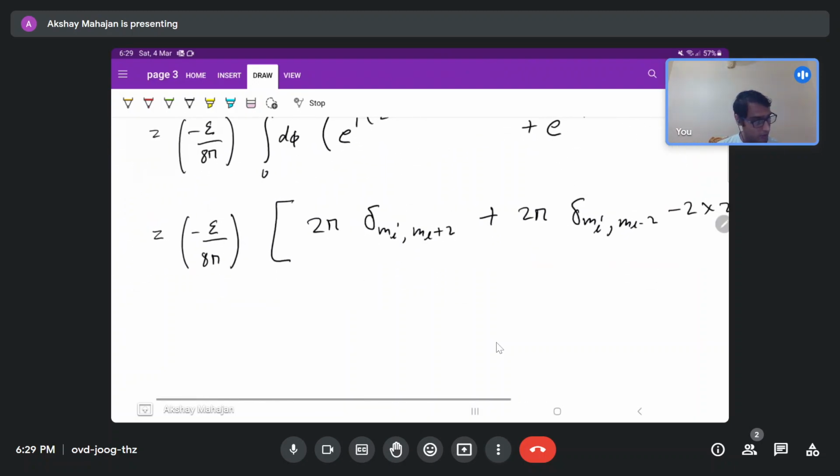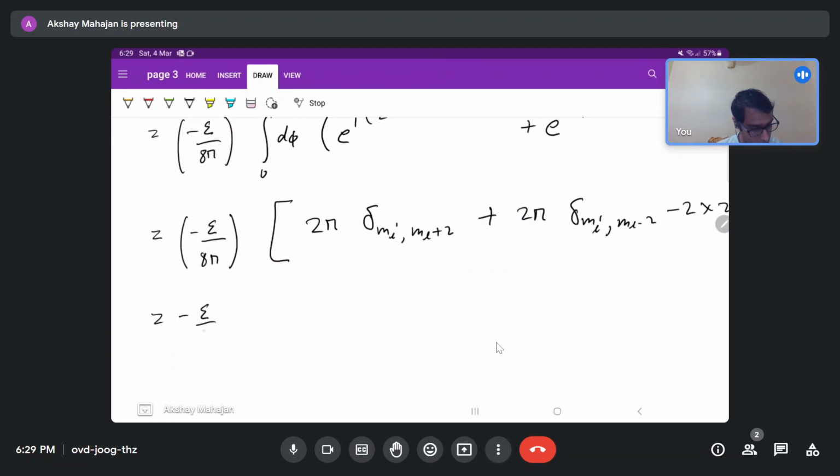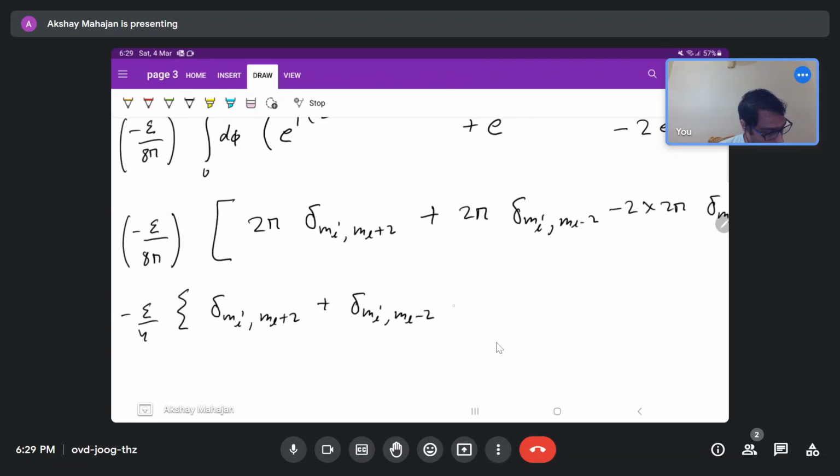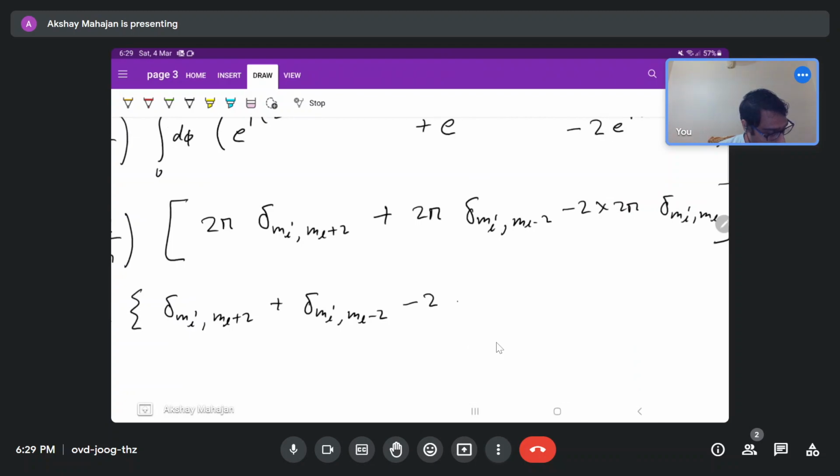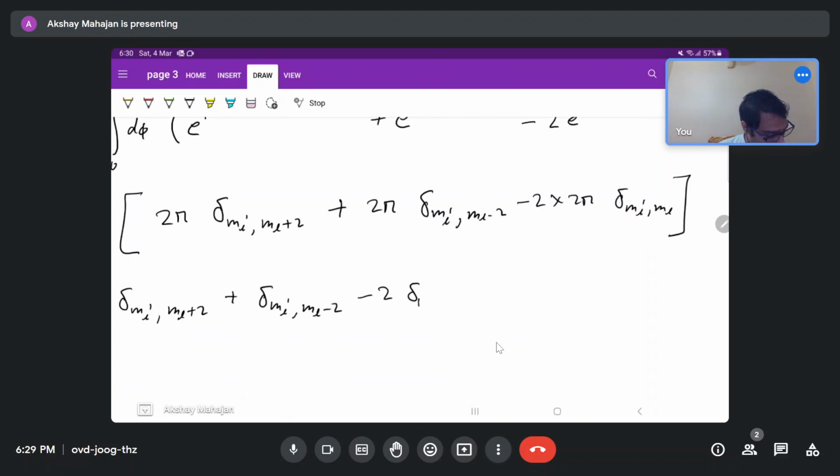Alright, now you can take out 2π from here, it will give minus ε upon 4 times δ(ml', ml + 2) + δ(ml', ml − 2) − 2 times δ(ml', ml).